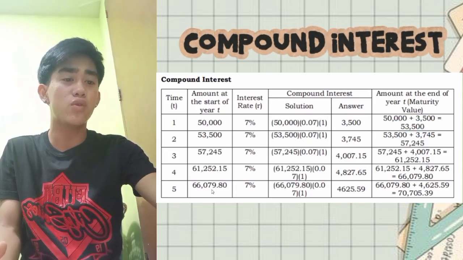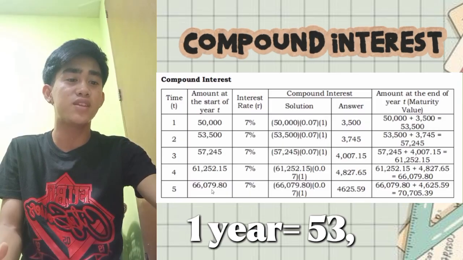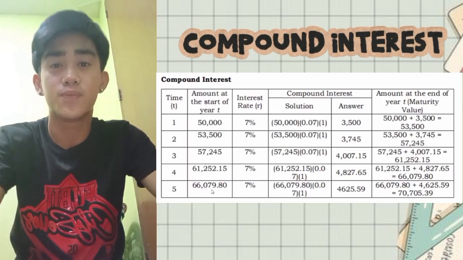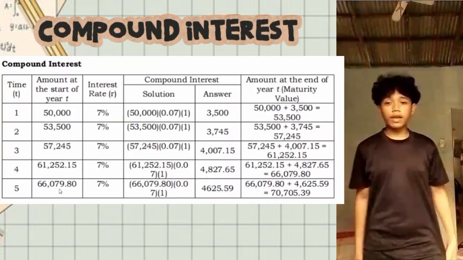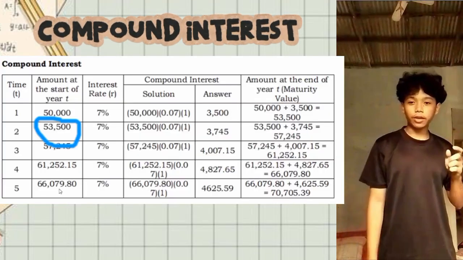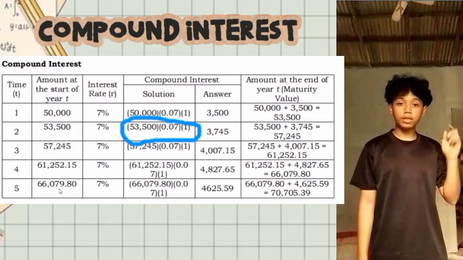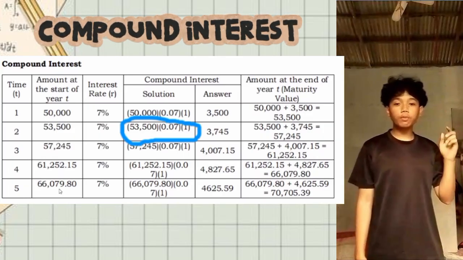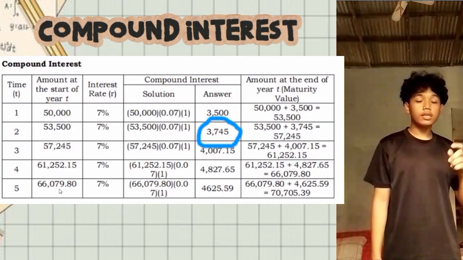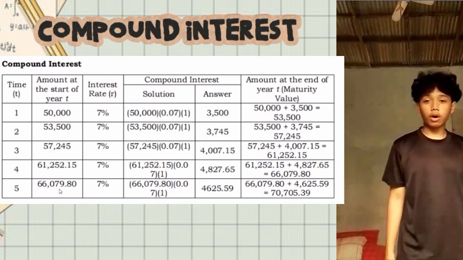Ibig sabihin, sa dulo ng unang taon, ito na ang bagong total at magiging principal for year 2. Ang iyong principal ay 53,500. Para makuha ang interest, i-multiply natin ito sa 0.07, then 53,500 times 0.07 equals 3,745. Ibig sabihin, ito ang tubo niya sa ikalawang taon.